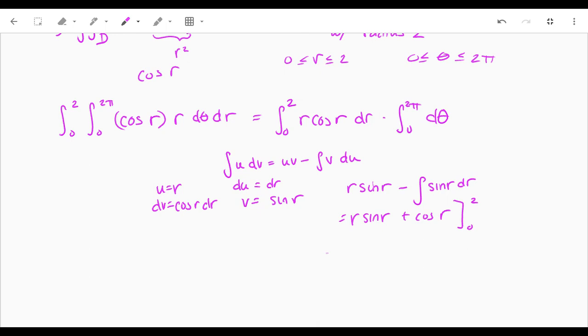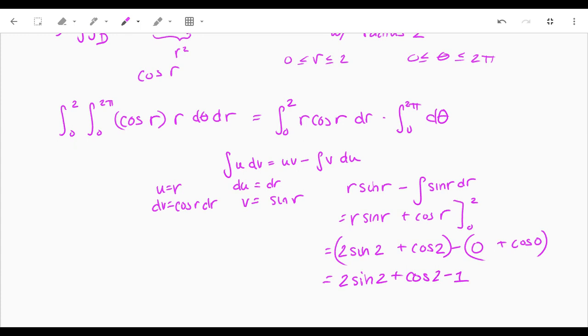So we'll have 2 sine 2 plus cosine 2 minus 0 plus cosine 0. And cosine of 0 is just 1. So we'd have 2 sine 2 plus cosine 2 minus 1. Okay, and that's just for that first integral.